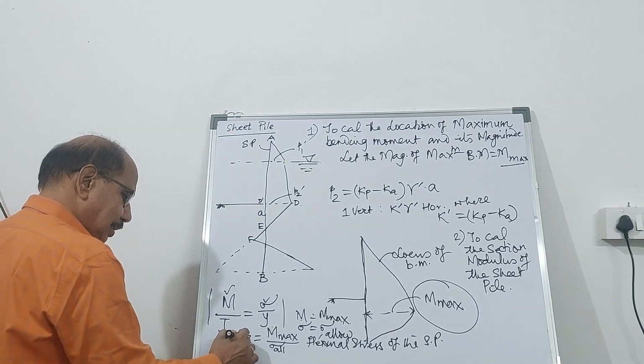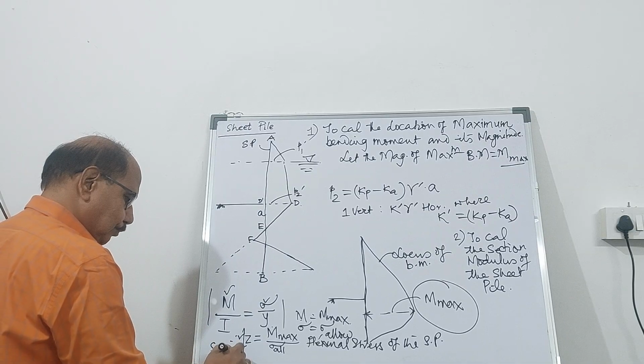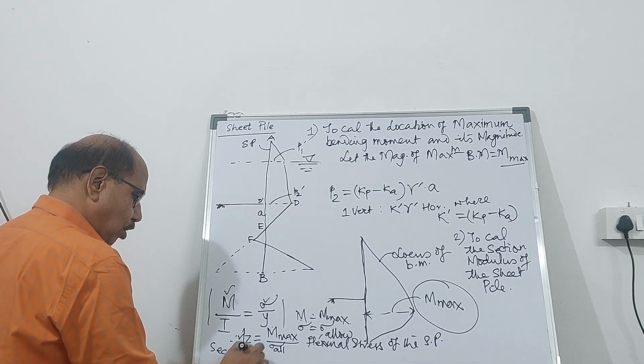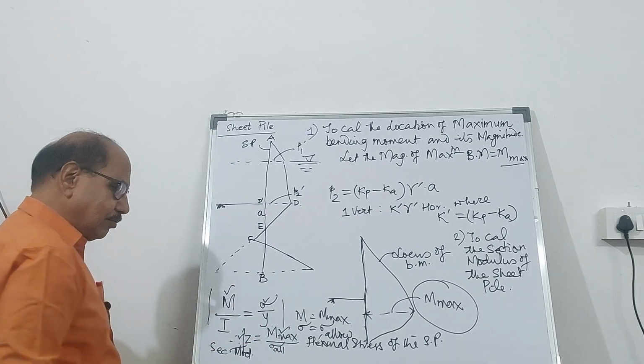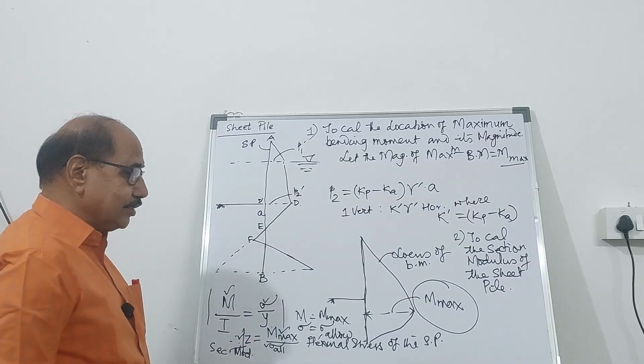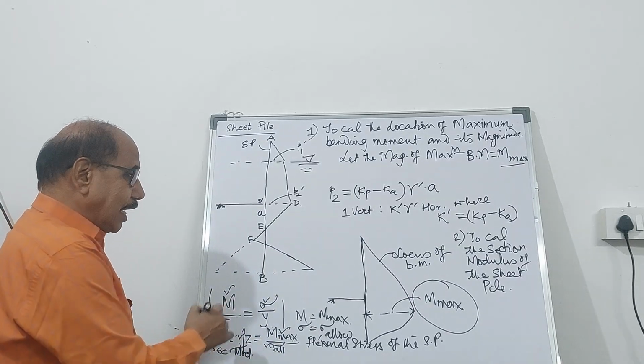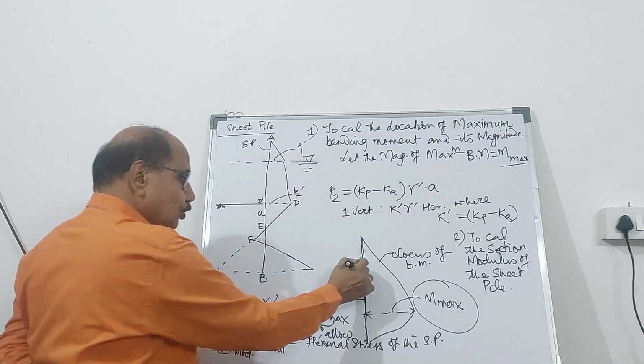This is called the section modulus. So you can calculate the section modulus because you have calculated the maximum bending moment, and the allowable flexural stresses is also known to you. Therefore, you can calculate the section modulus of the sheet pile.